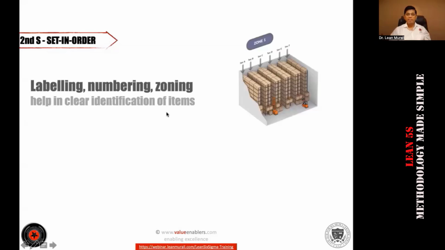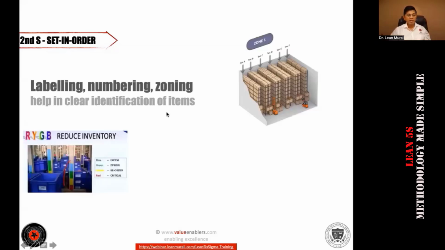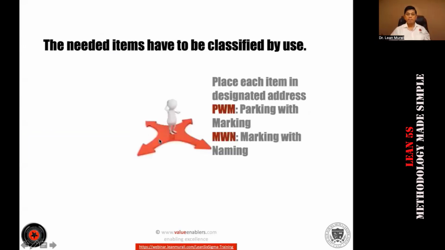So, set in order: labeling, numbering, zoning with clear identification, and having visual control systems like red, yellow, green, blue, just to indicate different levels of inventory, are widely used and practiced. Items have to be classified by use, parking with marking.